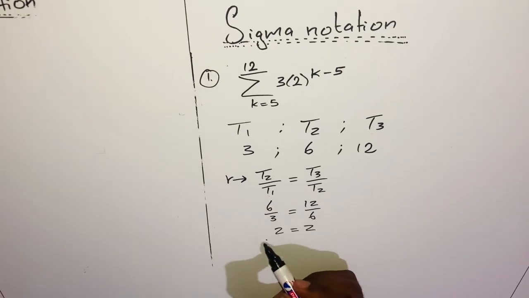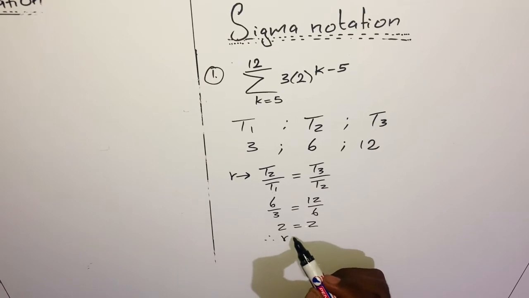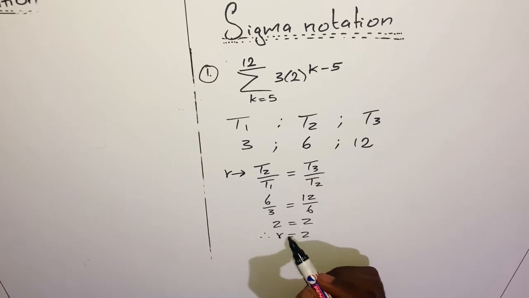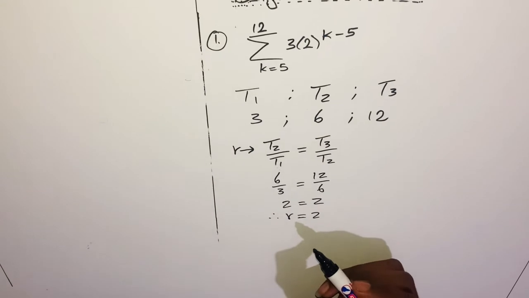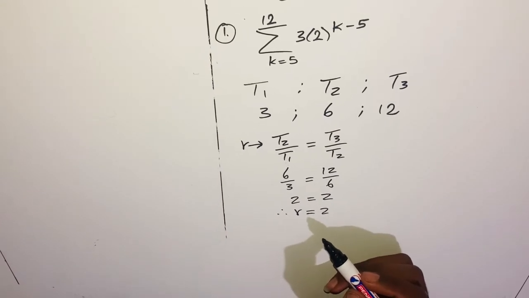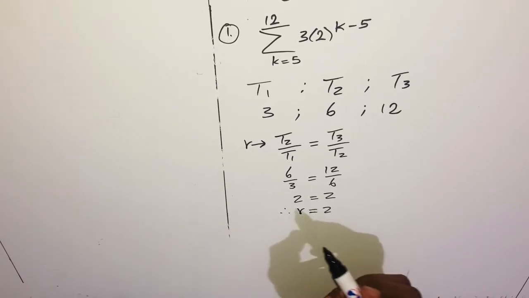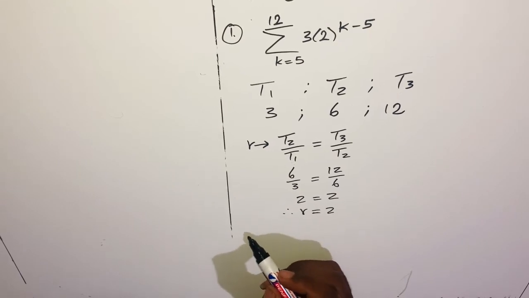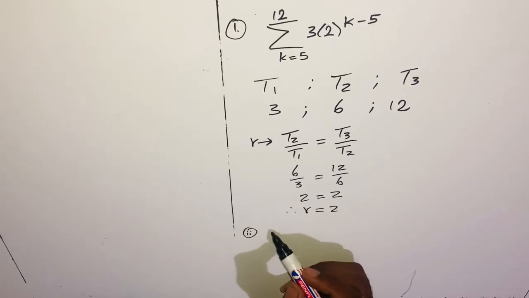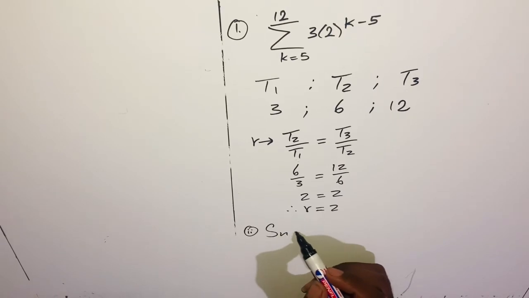Therefore, we conclude that our r is 2. So now I know that I'm looking for a sum of a geometric sequence. Then I go on to write down the sum formula of a geometric sequence.